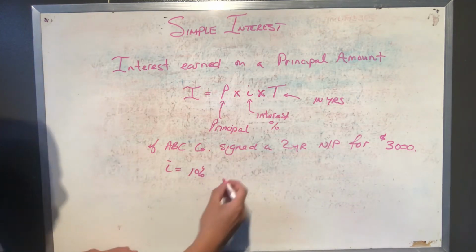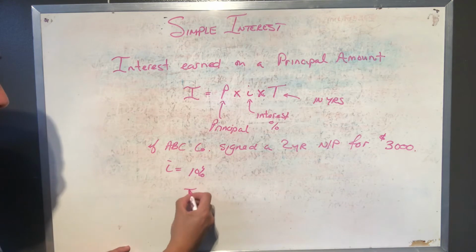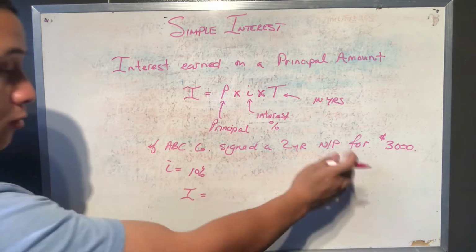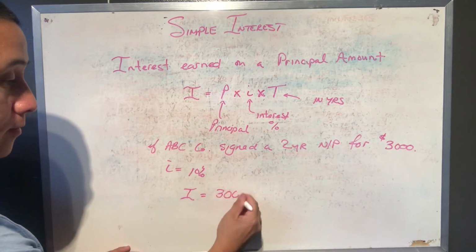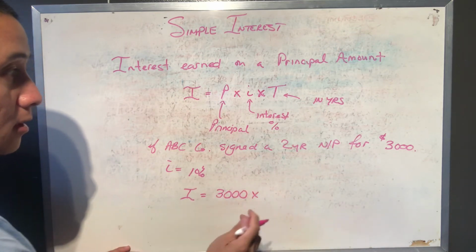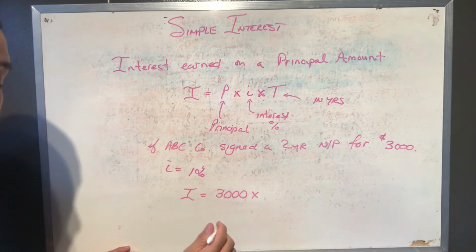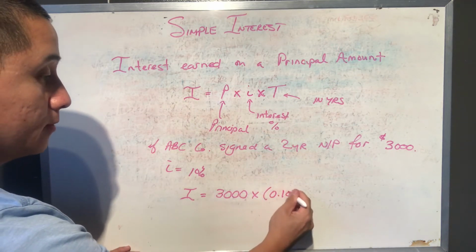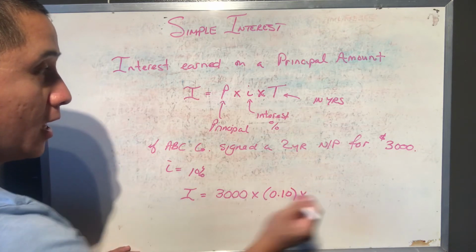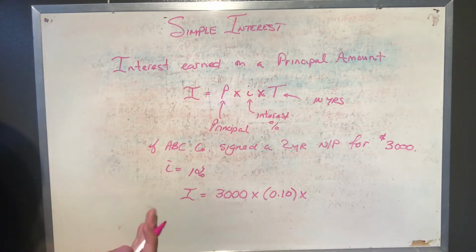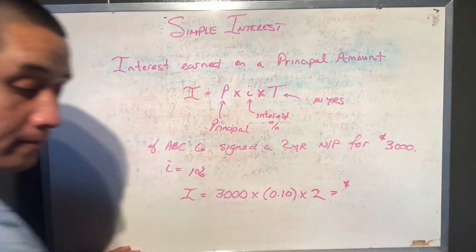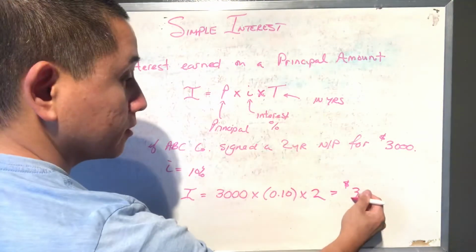So if we were to calculate that, in this case, I is equal to P, which is the $3,000, multiplied by R, in this case 0.1, 10%, multiplied by, in this case, T would be 2 years, and that would yield $600.